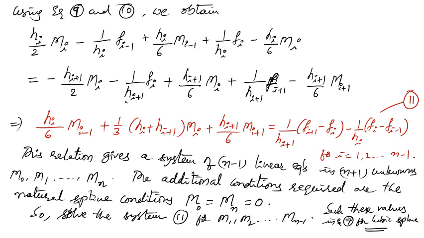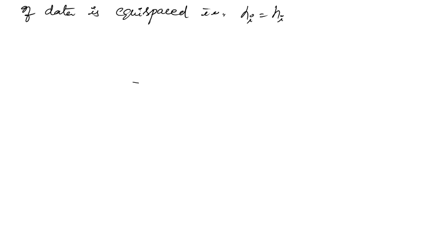And for example, if we have taken spacing h, when data is equispaced, that is h_i equal to h_{i+1} equal to h, and for equispaced data I already told you x_i equal to x_0 plus ih.